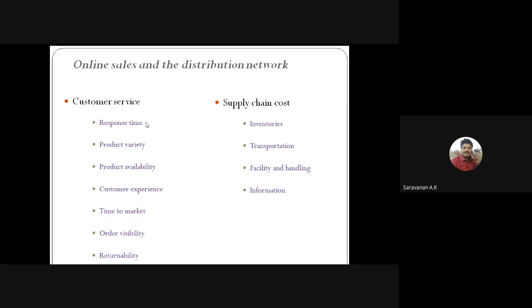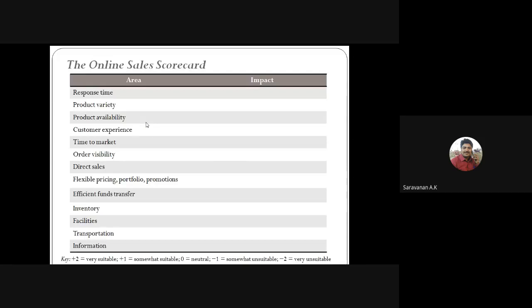So that we can see. Then how can the online sales impact be scored? By using the scorecard we are mentioning that impact, right? So that we can see.